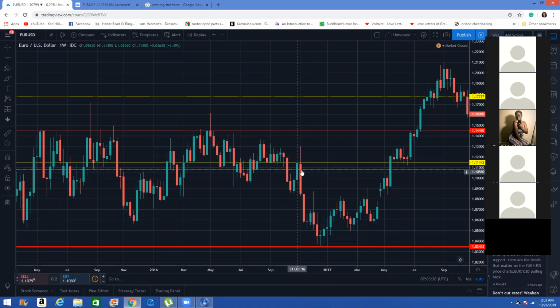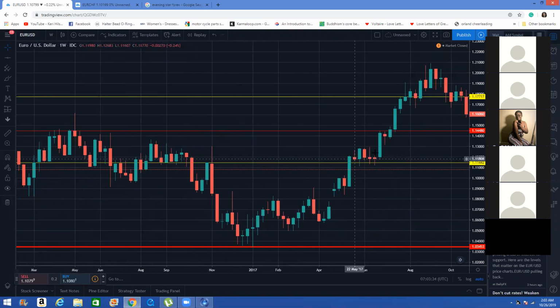Alright, yeah. Now I'll explain to y'all why. So yeah, we still have the rejection right there. Got the retest in the long wick rejection, showing how valid it was, how price wasn't trying to break through that because it was very strong. Right. We got a bunch of strong support right here where the wicks were just coming to it.